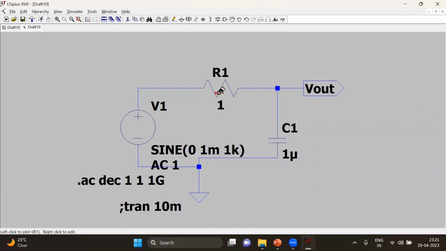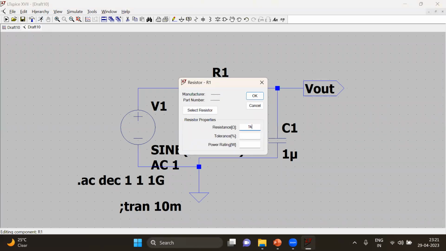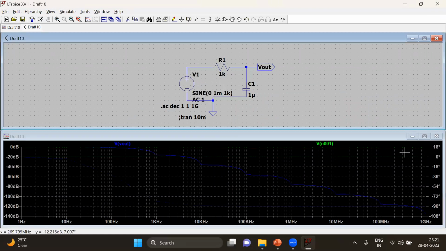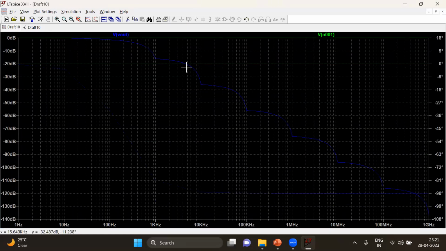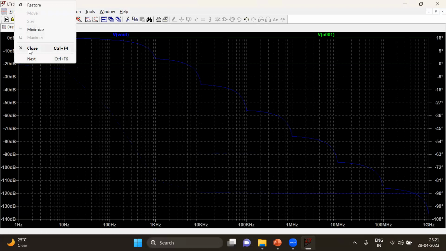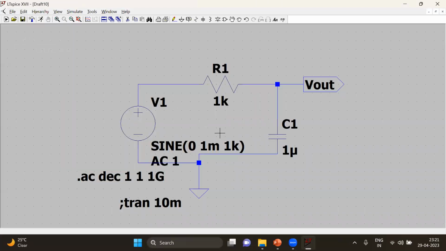Now let us see the frequency response of our original circuit where the value was 1 kilo ohm. Now if you try to see the frequency response of this circuit, to see the frequency, click run.